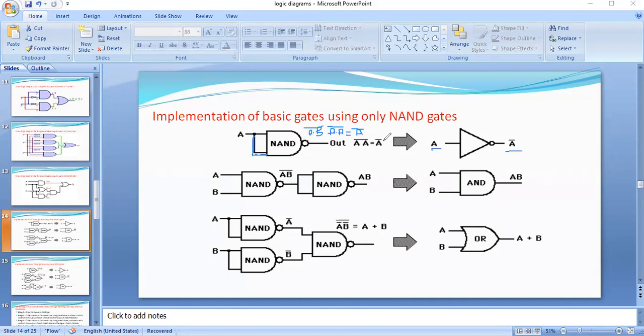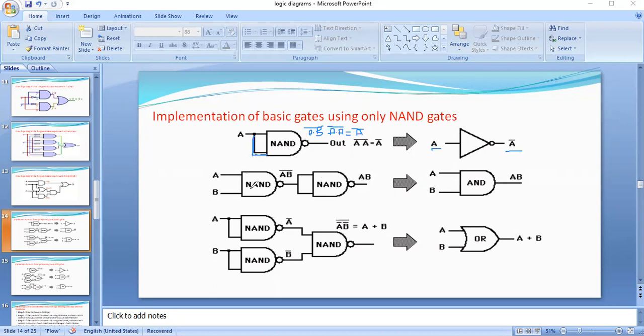In the same way, here I'm going to implement the AND gate using NAND gates. We know that for an AND gate we have two inputs and only one output, and what we have to get here is AB.